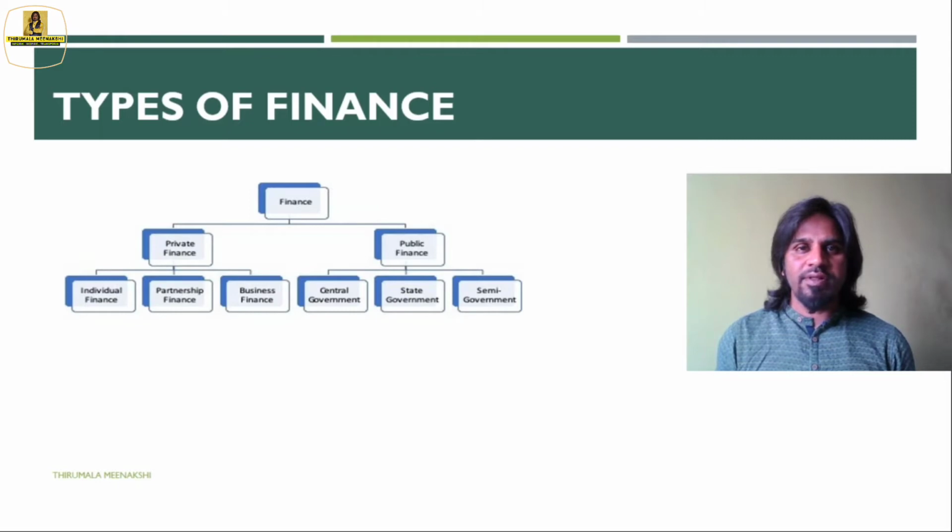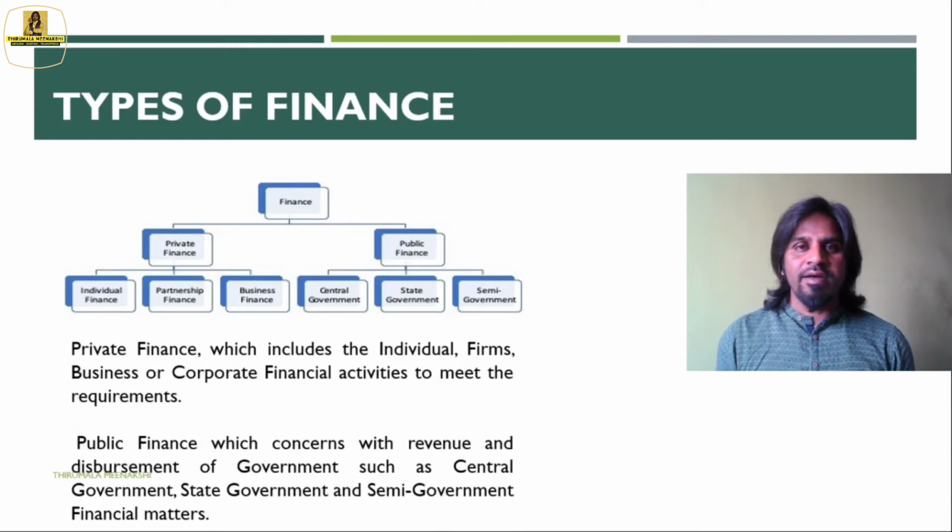If individuals, partnerships, or businesses need finance, how they meet their financial requirements comes under the category called private finance. In case government organizations need money, all the financial requirements of the central government, state government, or governmental bodies, how they meet them comes under the category called public finance. So there are two types of finance: public finance and private finance.